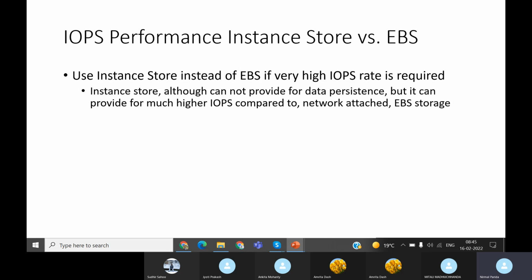Instance store cannot provide data persistence, but it can provide much higher IOPS compared to network attached EBS storage. So you can use an instance store based EC2 instance in case of higher IOPS or higher performance.